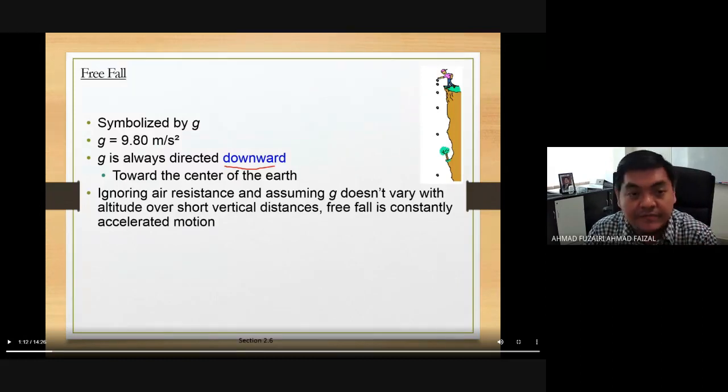All involve free fall because all involve gravitational acceleration 9.8 meter per second square. Ignoring air resistance and assuming g doesn't vary with altitude over short vertical distances, free fall is constantly accelerated motion. Of course, it's accelerated. That's why you have g and you have a.